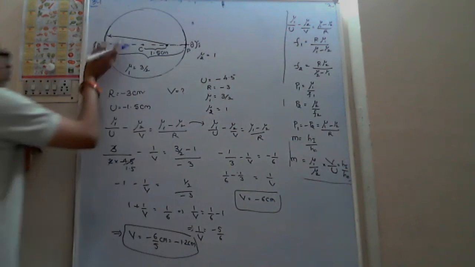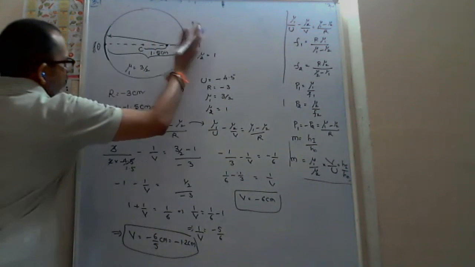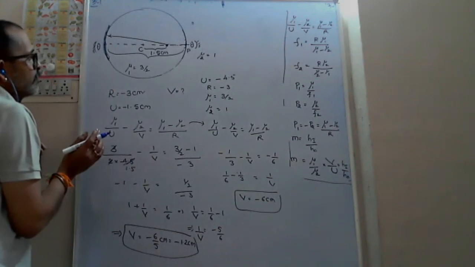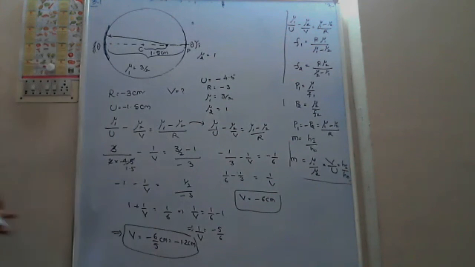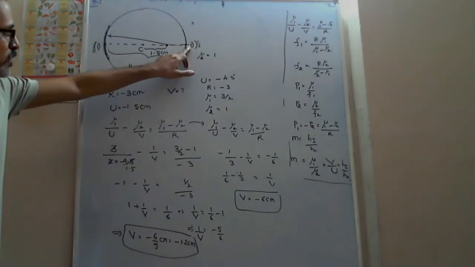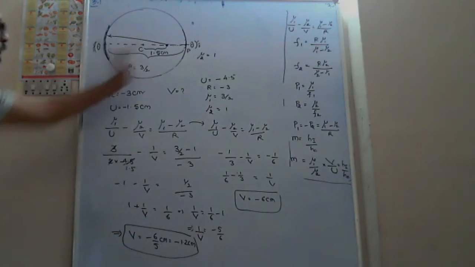This time, when you see from the other side, is the image shifted away from the pole or towards the pole? Away from the pole. So observe: when you see from the nearer side, it is shifted towards the surface. When you see from the farther side, it is shifted away from the surface.